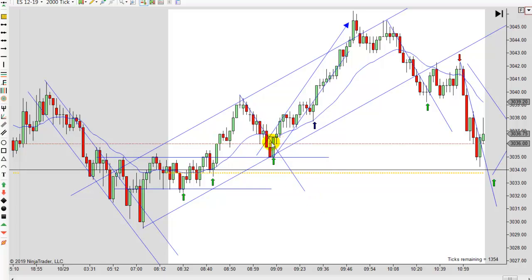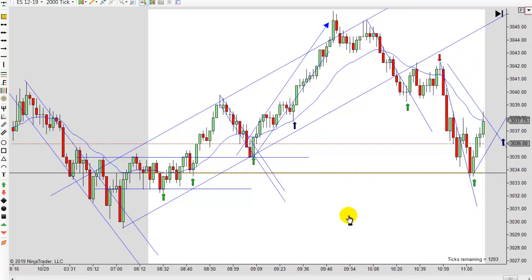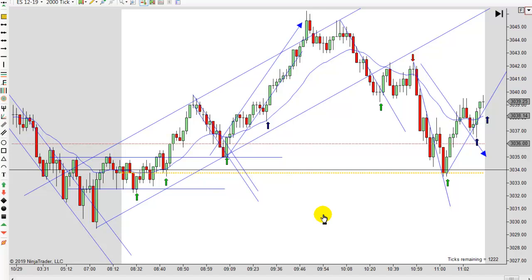Another reason I'm not crazy about this one is you've got that trend working down, and there is a little bit of an overshoot there. I don't have the other side on it, but you can see we end up getting the overshoot. We had that happen a couple times a day where we didn't really get a break, but we got an overshoot. On this channel working up, we had an overshoot and then we reversed.